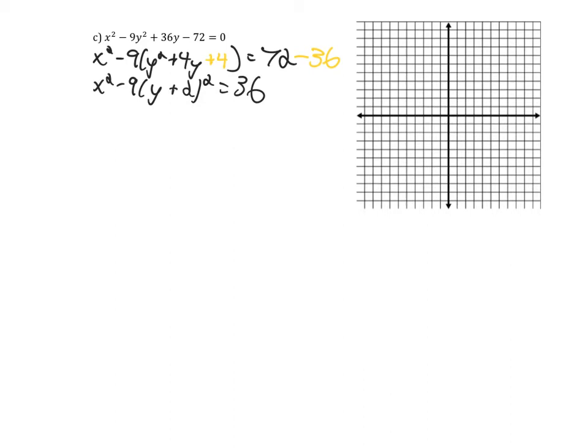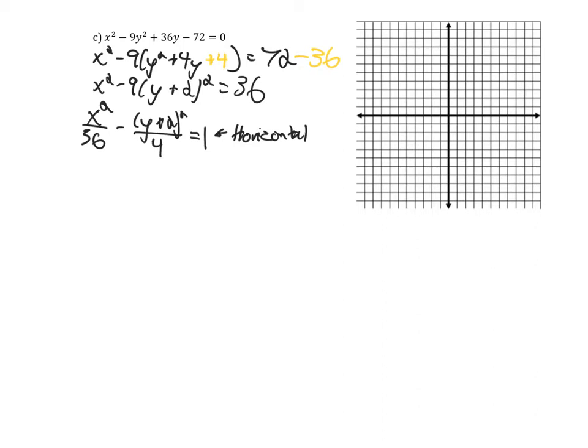We're going to divide each side by 36, and we get x squared over 36 minus y plus 2 squared over 4 equals 1. This, as we know, would be horizontal. Okay, so x squared over 36 minus y plus 2 squared over 4 equals 1.